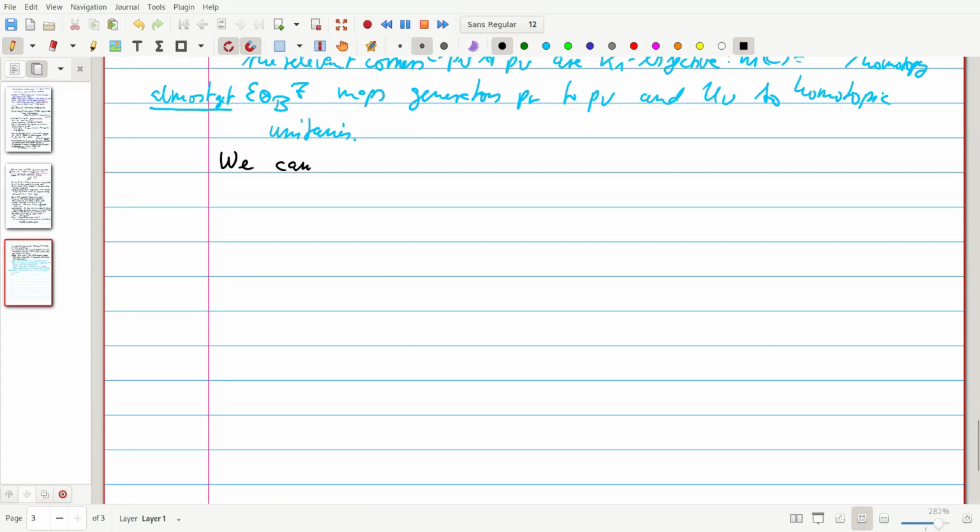We cannot always lift phi 0 and phi 1 simultaneously. We need a certain obstruction to vanish.